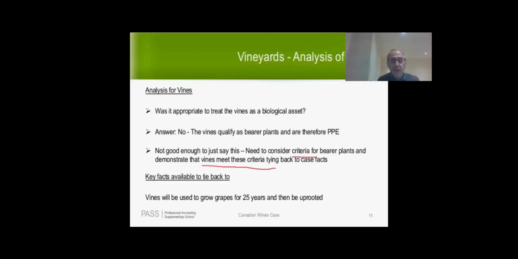That's what I mean by tying back to case facts. There are specific criteria that define what a bearer plant is. On the evaluation guide, they would expect you to tie back to those criteria to achieve competence. What are the key facts we can tie back to? Pretty much what you see right here: the vines will be used to grow grapes for 25 years and will then be uprooted.